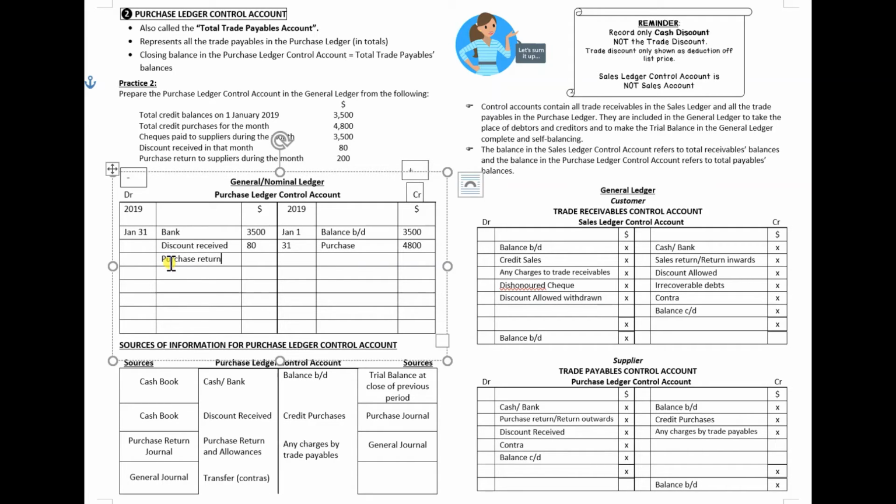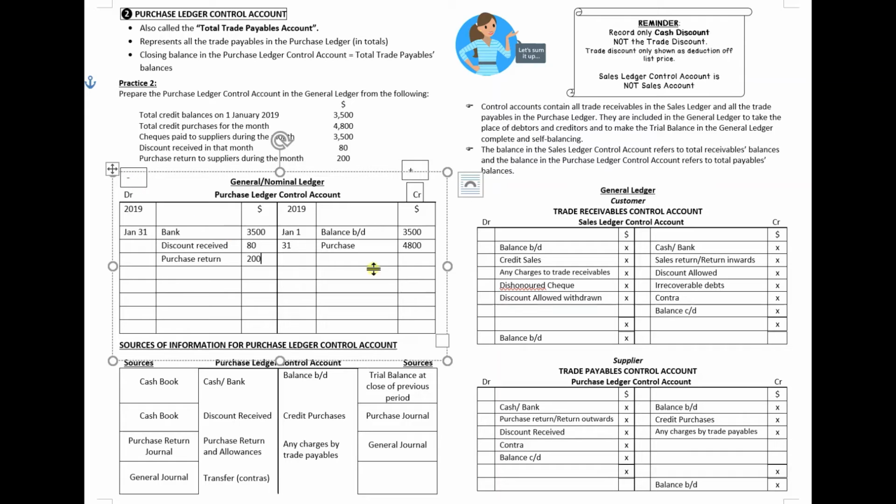Purchase return 200. As you can see, this is a plus, an increase. When you purchase from the supplier, you increase the amount you are owing to the supplier, the creditor. Now, if you return the damaged goods, it will reduce the amount you are owing to the creditors, right? Can you see it?